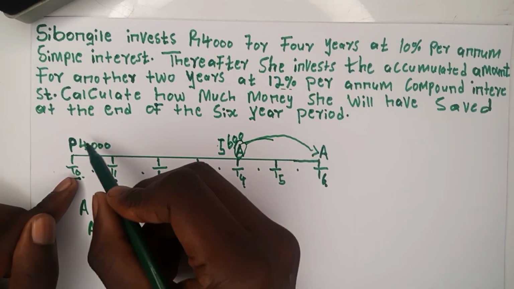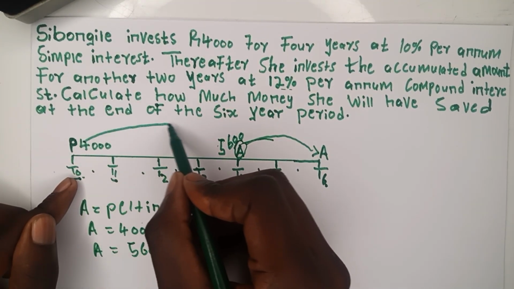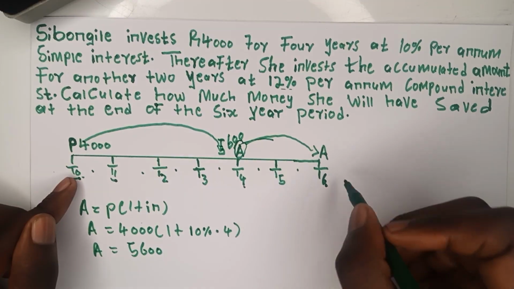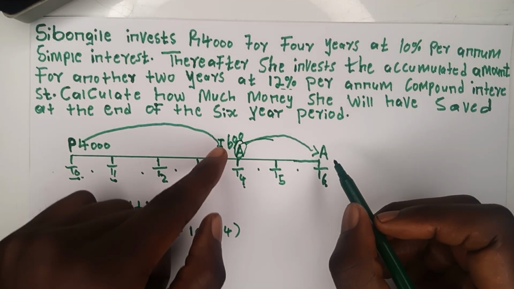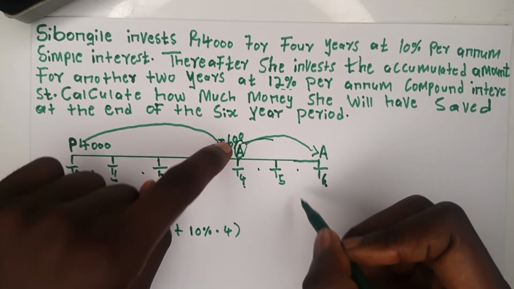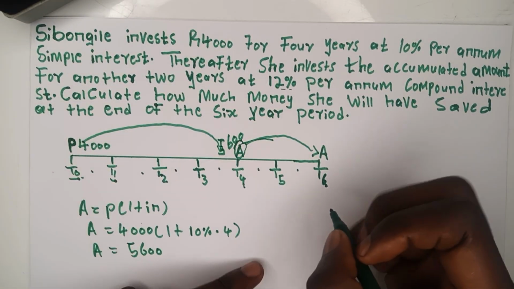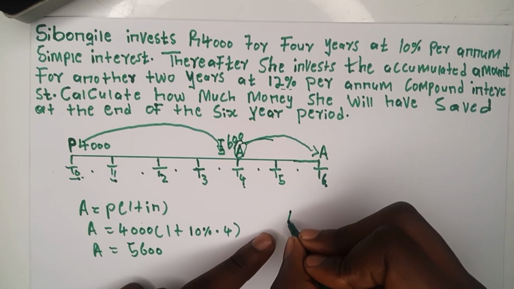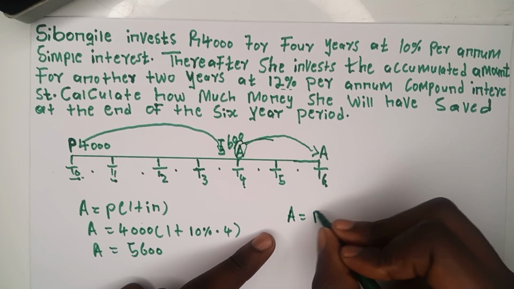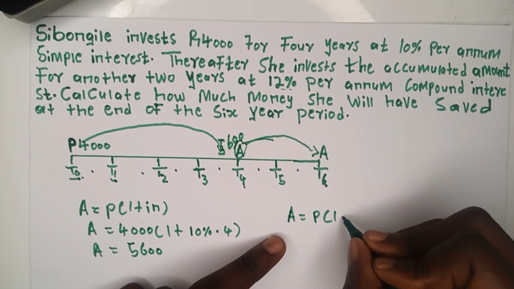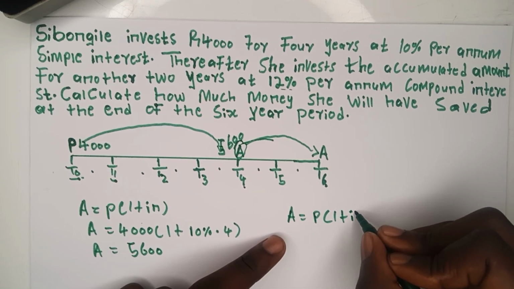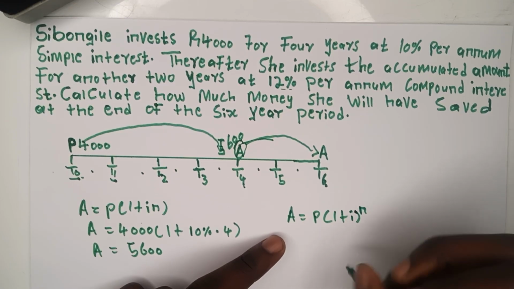So meaning that this 4,000 grew to 5,600. And then again, we are going to take that 5,600 and invest it for the remaining 2 years by using the compound interest formula. So A is equal to P(1 + i)^n.